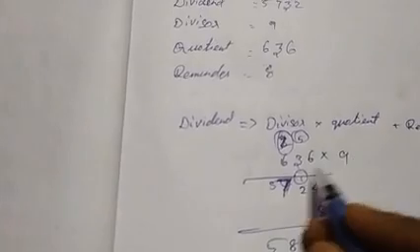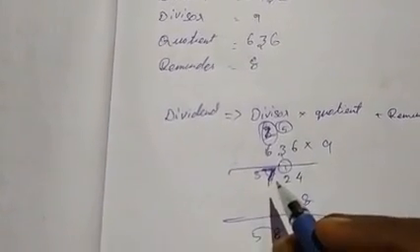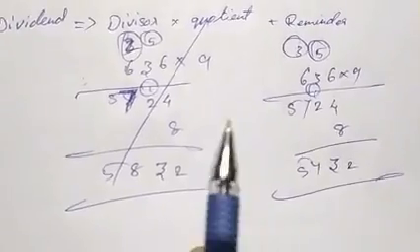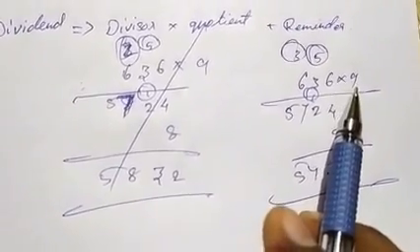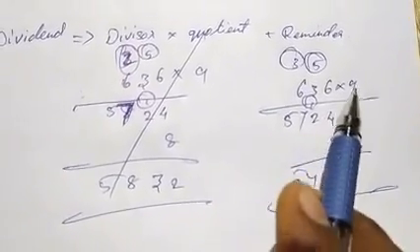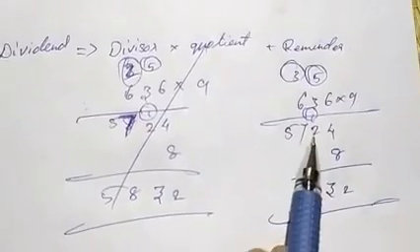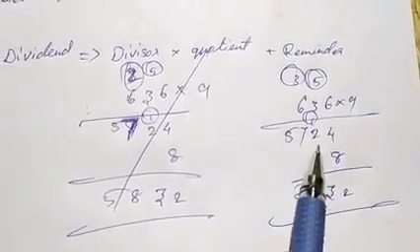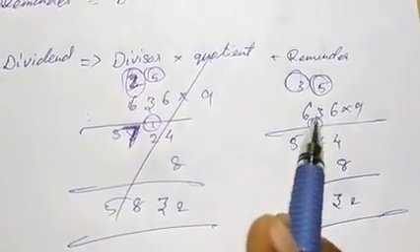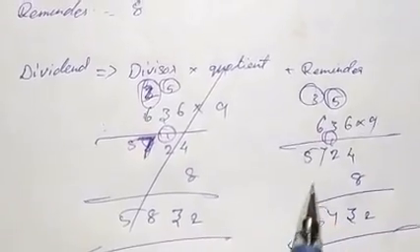Sorry, it is 3 9s are 27. Just listen here. 9 6s are 54, 4 remaining 5. Next 9 3s are 27, 27 plus 5, 32, 2 remaining 3. 9 6s are 54, 54 plus 3, 57.